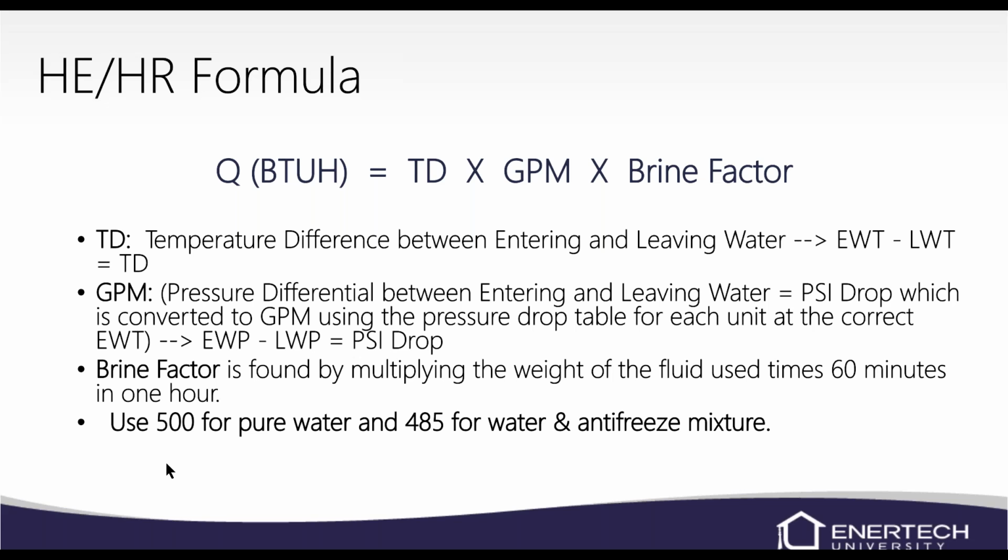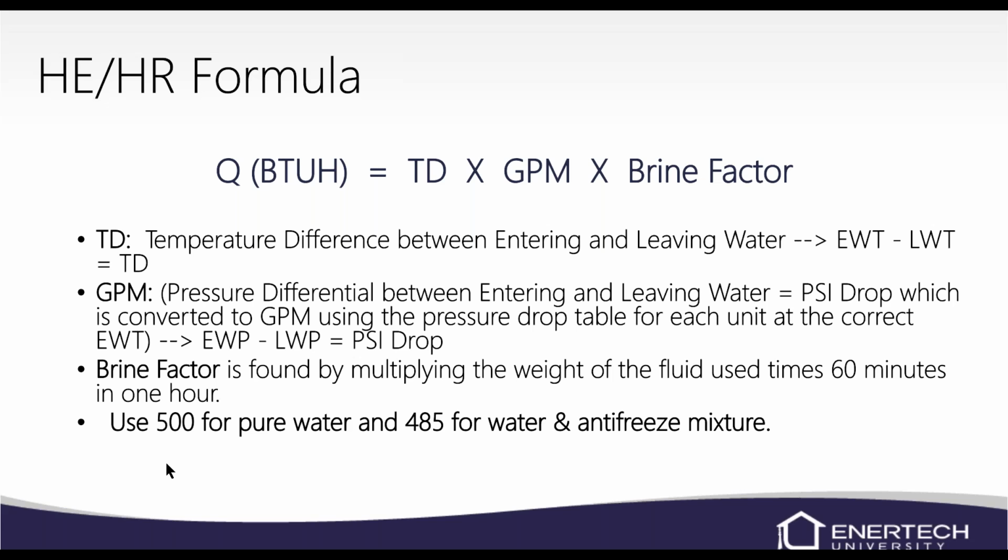Really, all you've got to know is we use 500 for pure water and 485 for any time we have a water and antifreeze mixture. For the 485, we normally will use propylene glycol, ethanol, or methanol. And they kind of range a little bit. I think propylene glycol might actually have a brine factor of 491, and maybe methanol has a 483 or something like that.